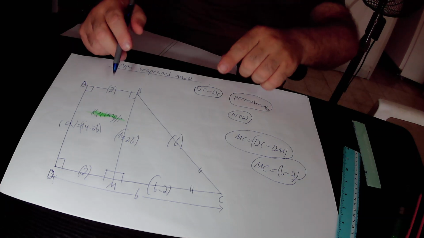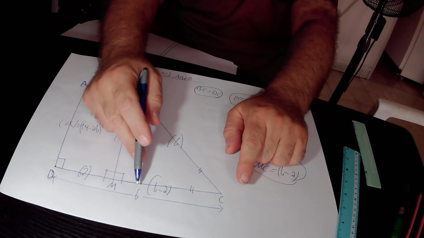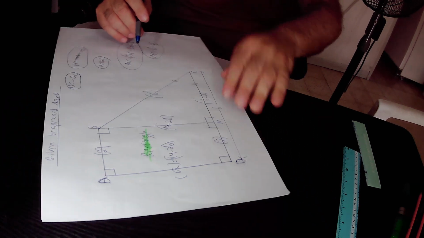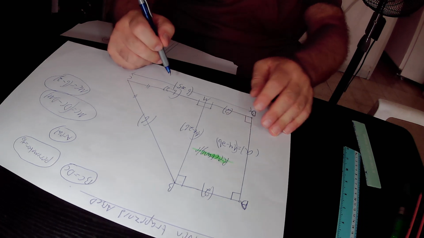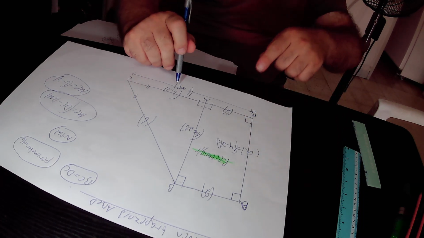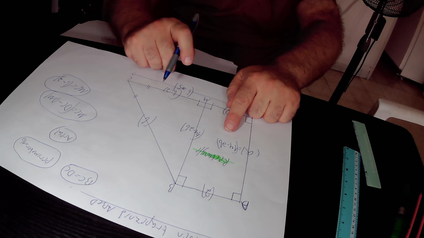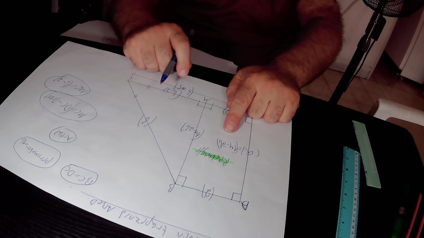AB equals 2, DC equals b, and b equals 5. So DC equals b equals 5 units. And AD equals 14 minus 2b. b is 5, so minus 2b is minus 2 times 5, that is minus 10.